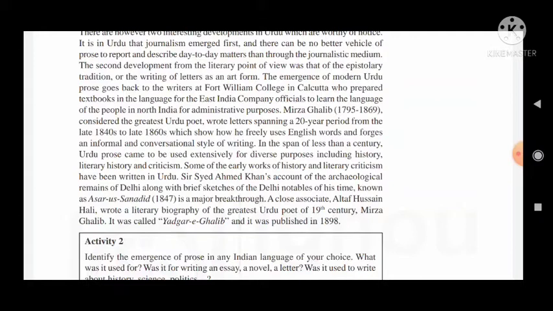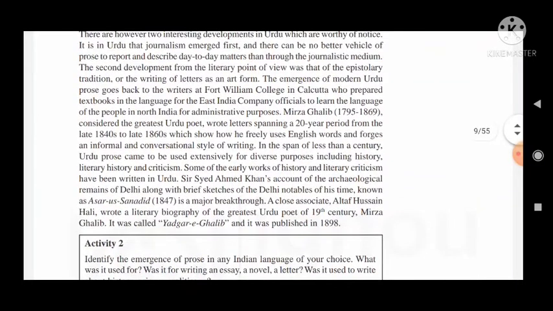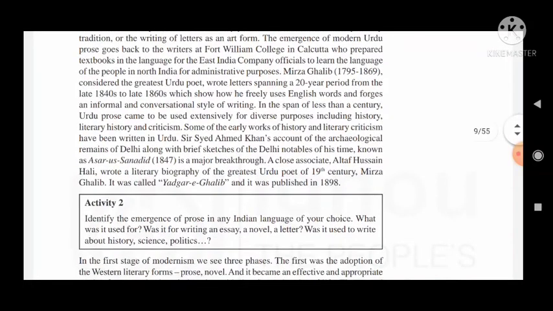So the East India Company, the first establishment of a company by the British, was there.